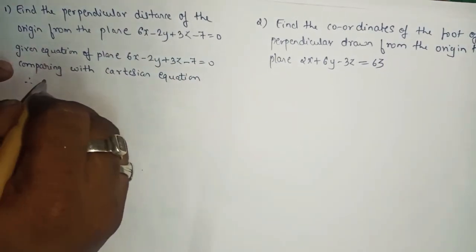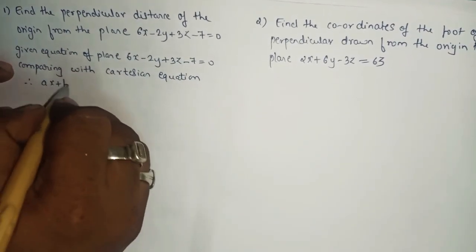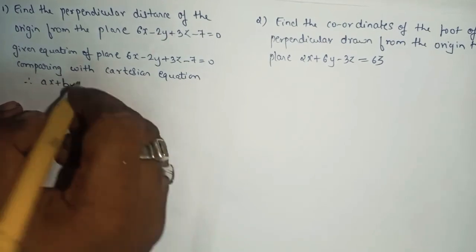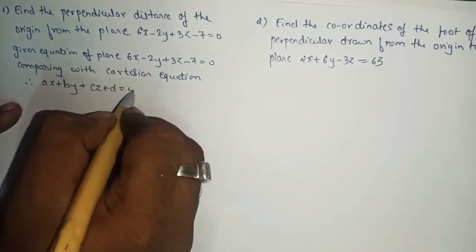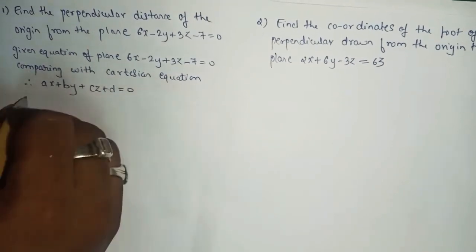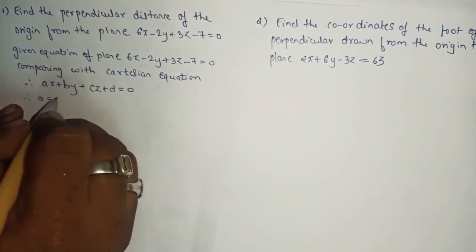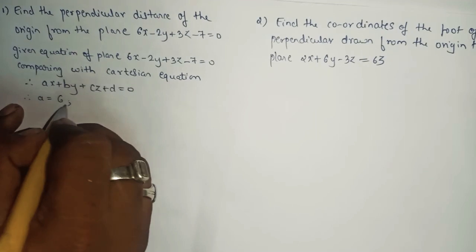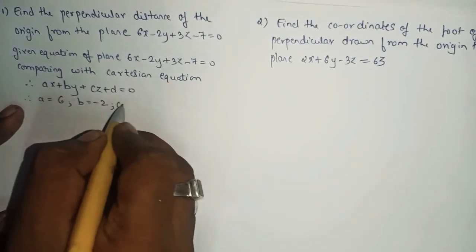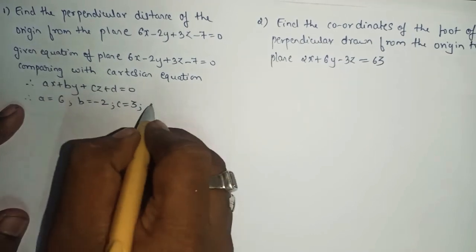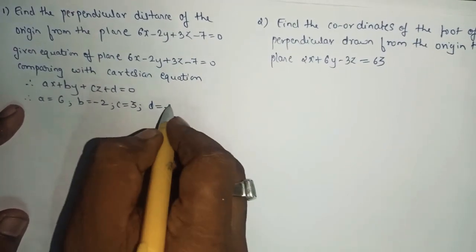So what is the Cartesian equation? It is ax plus by plus cz plus d equals 0. Here you get the value of a as 6, b as minus 2, c as 3, and d as minus 7.